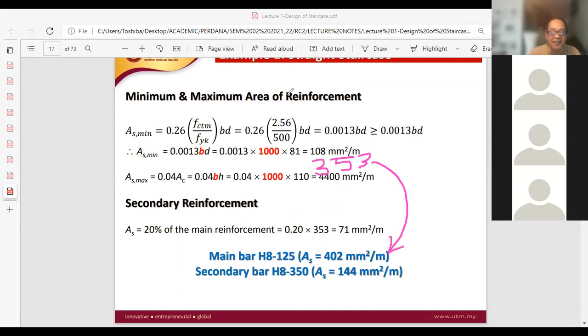Now, this one I will save first. We need to look at the steel table. Where do we look at the steel table?